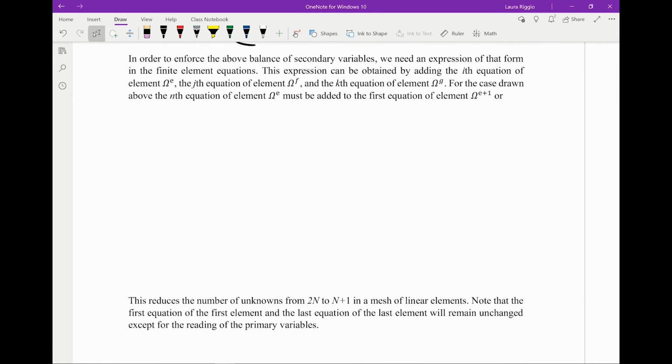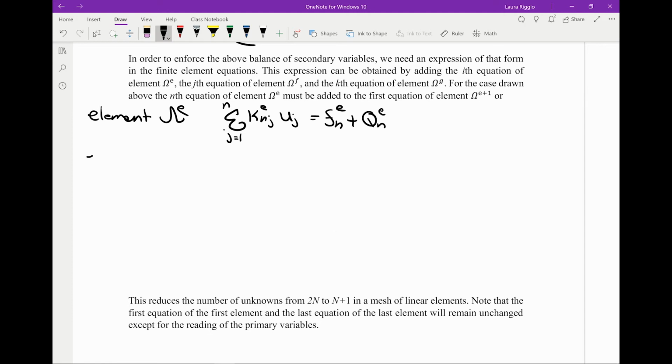So for element E, we're going to take the nth equation, which is the sum from j equals 1 to n of Knj Uj equals Fn plus Qn.